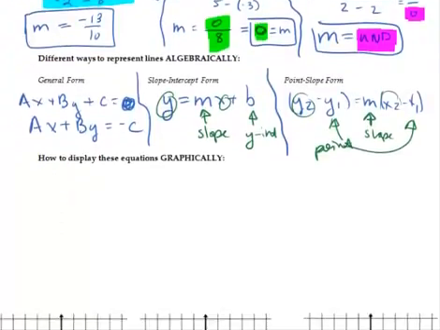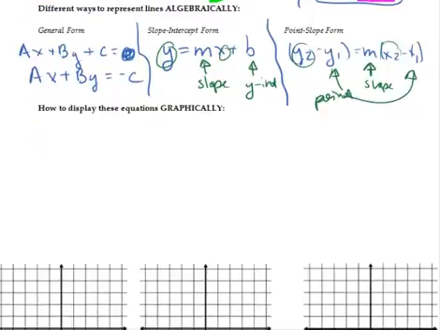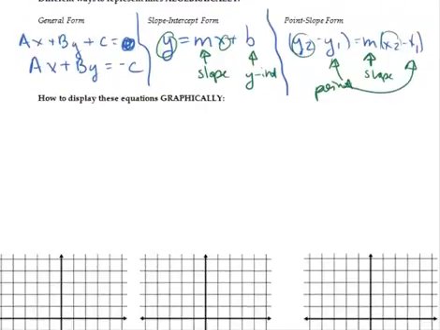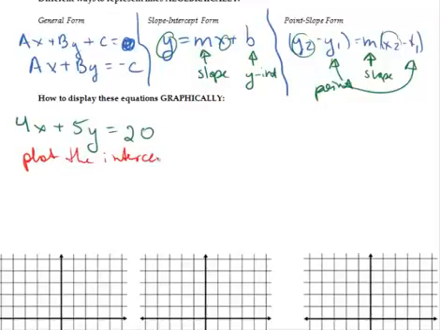Now, you're going to come across those different types of equations in these lessons, and how do you graph them? This is also important. So 3 ways: general form, slope-intercept form, point-slope form. For general form, here's an example for us. If you have a general form equation, what you want to do is, some people call it the cover-up method, but what you're really doing is plotting the intercepts on the axes.